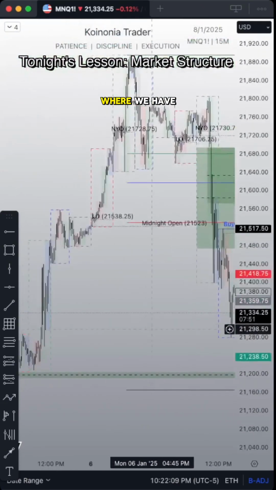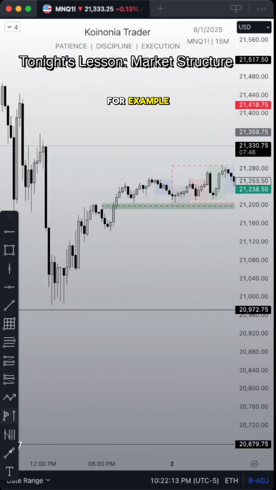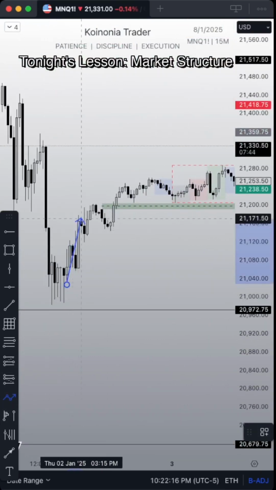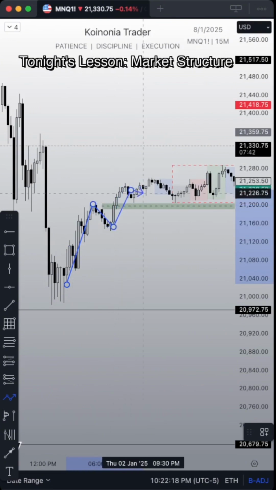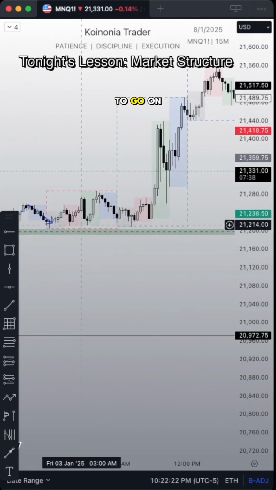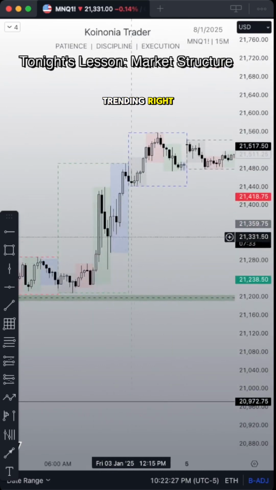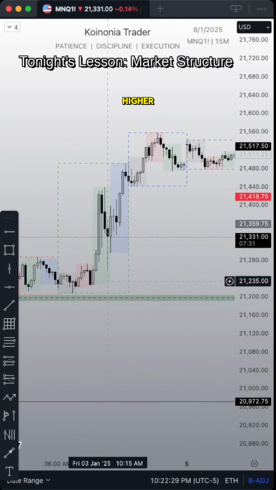Unlike other days where we have pretty clean structure, like this, for example. It consolidates for a bit here, but then continues to make higher highs, higher lows, and it's just uptrending. You'll see that the trend is higher.